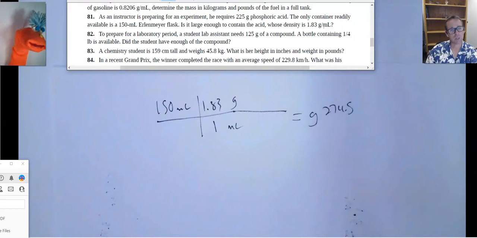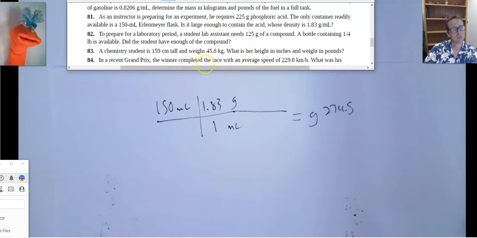And I want 225 grams. He needs 225. I have 150 milliliters, so yes, I have 274.5 grams. Is that right, Fred? Yeah, that's right. You needed only 225 and you got 274, so you got plenty.